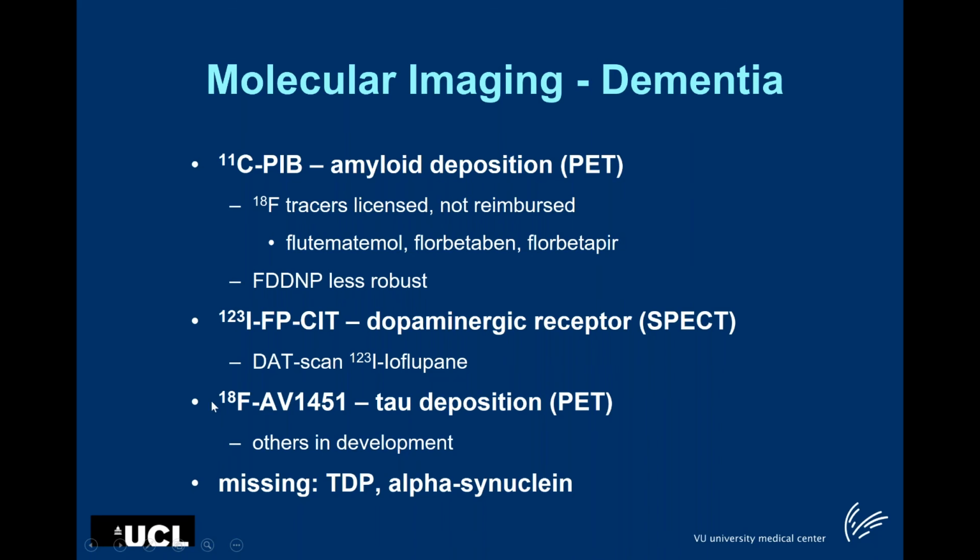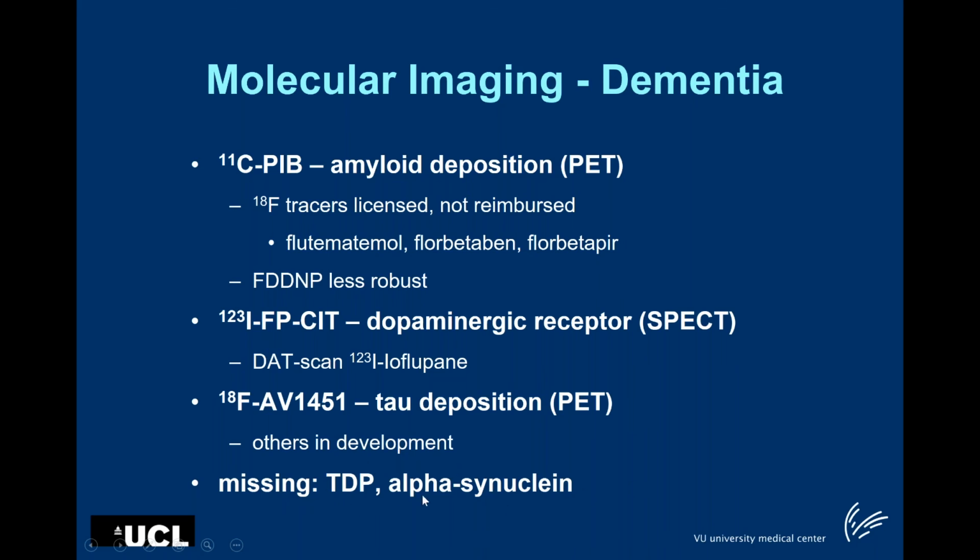Other tracers that we have are dopamine receptor images, which are usually done with SPECT, although you've seen that there are also PET tracers for dopamine. DaTscan is the most widely used one for SPECT. And then there are tracers coming up for tau pathology.